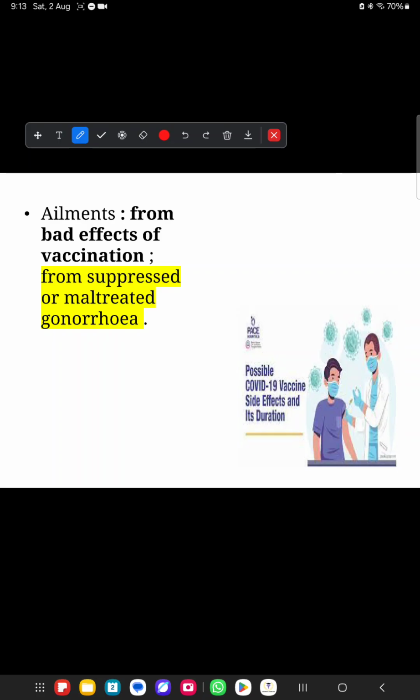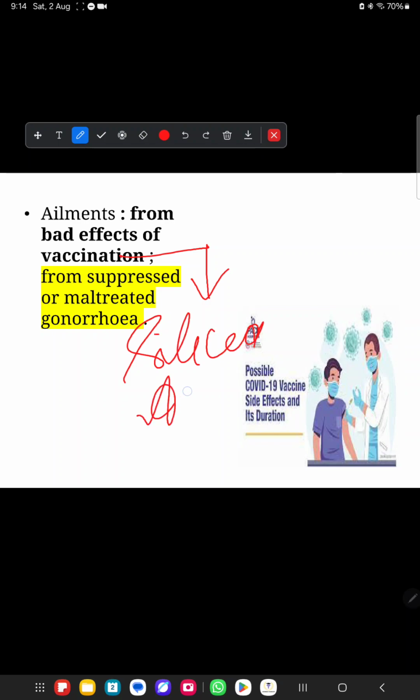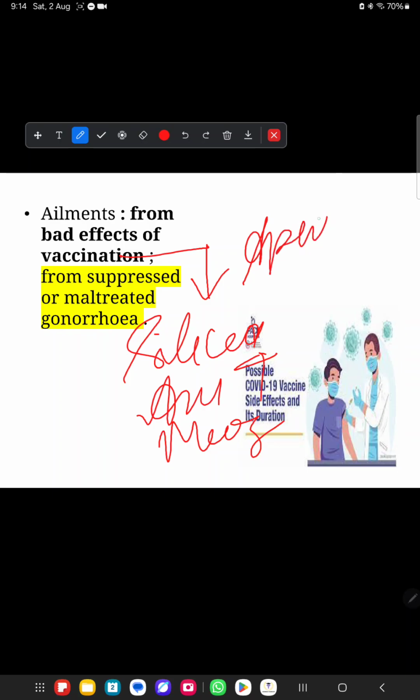But there are so many medicines related with this. Can anyone tell which medicines are there for vaccination? Silicea, yes, very good, Aryan. Antim tart, yes, and Mezereum, very good, and Apis is also there. Crotalus horridus is also there.